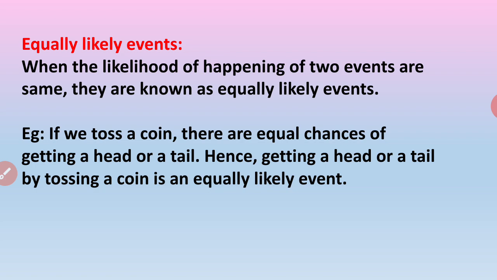If we toss a coin, there are equal chances of getting a head or a tail. So you all know that a coin has a head and a tail. If you toss it, there are equal chances of getting a head or a tail. So we'll say that getting a head or a tail by tossing a coin is an equally likely event.